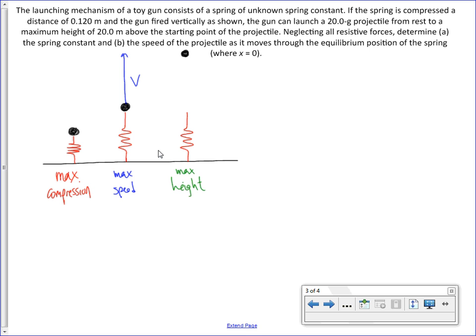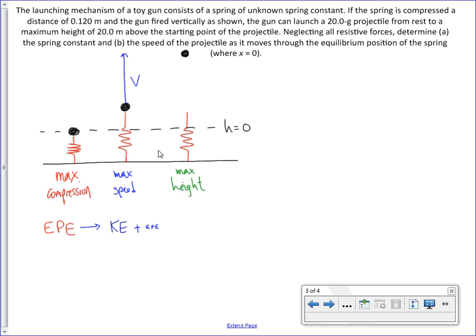And so there are energy transformations that happen the whole time. In the beginning, all we have in this system is elastic potential energy, assuming that's zero height. When we release this thing, pull the trigger, we turn that elastic potential energy into certainly KE, but notice a little bit of GPE, right?